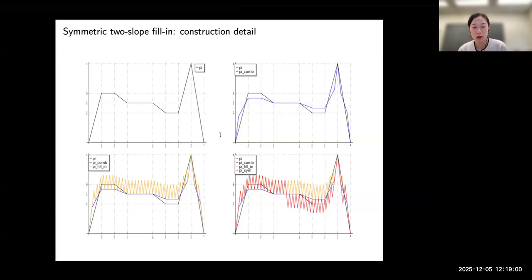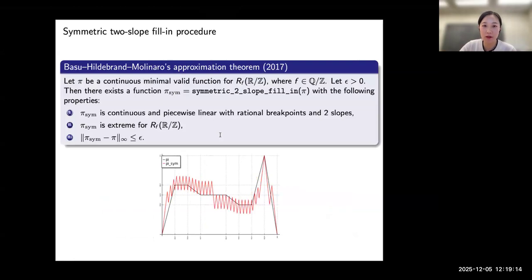Then to make it extreme, it also needs to satisfy the symmetry condition. So flip half of the yellow function to make that happen. As a result, the new function through the symmetric two-slope fill-in is symmetric, even extreme, and not far from the original pi with two slopes, but its restriction to the grid points is not the original function.